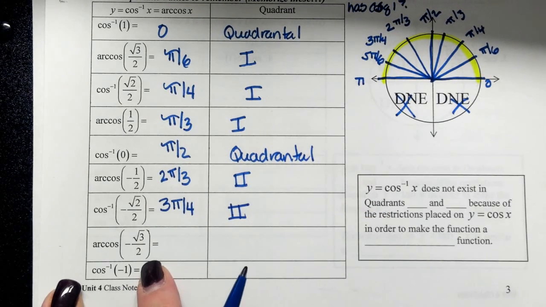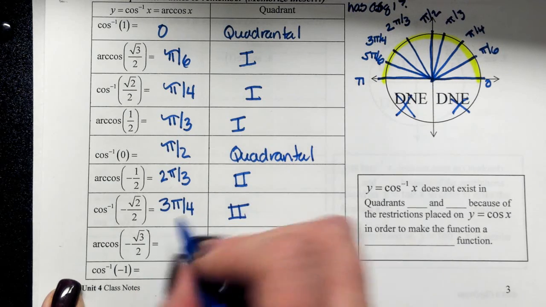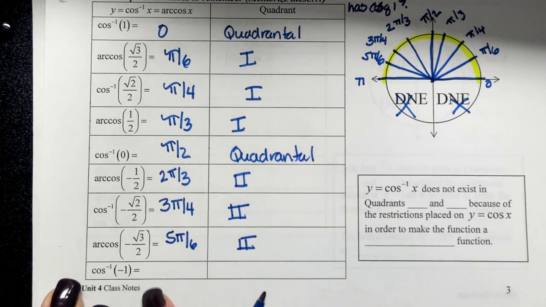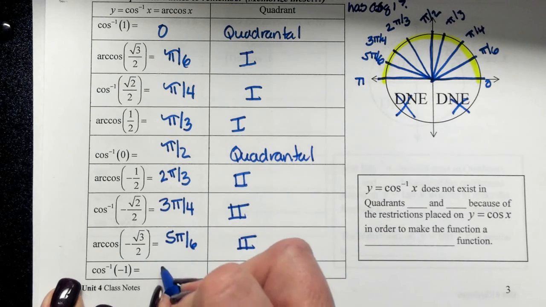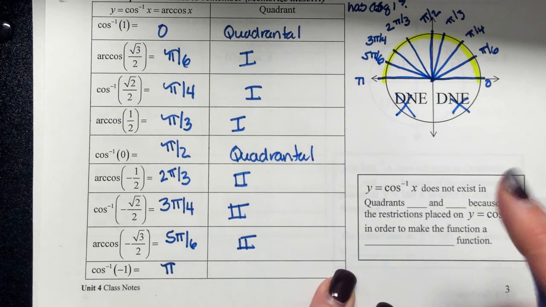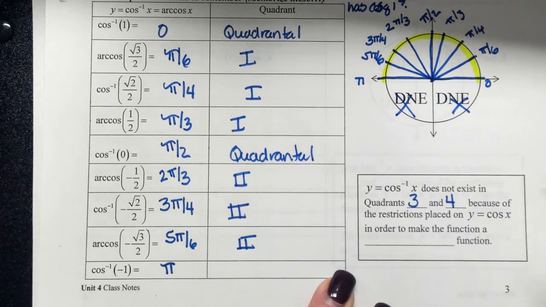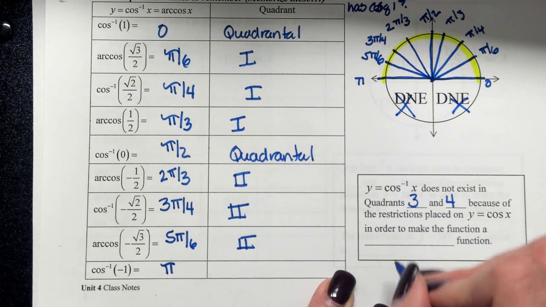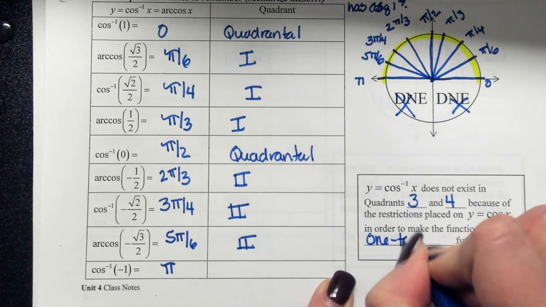And then the arc cosine of negative square root 3 over 2 is going to be 5 pi over 6. And then the inverse cosine of -1 is pi. Again, remember, inverse cosine does not exist in quadrants 3 and 4. And that's because of the restrictions we had to place on cosine of x in order to make the function a one-to-one function.